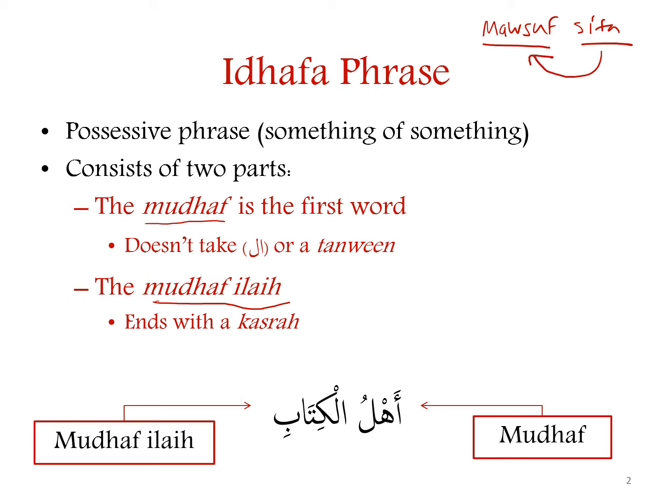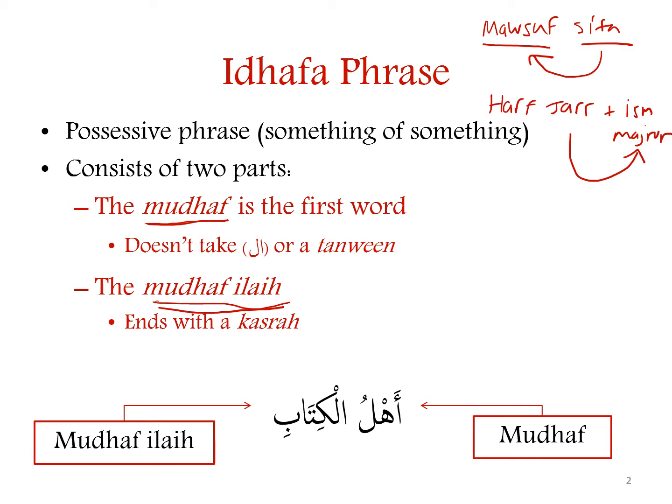We've looked at the prepositional phrase, which consists of a jar wa majroor, so a harf jar, like fi or ala, plus an ism majroor, so a noun that follows the harf jar that's been made to take a kasra. Now with the idhafa, same thing, we have a mudaf and a mudaf ilayh, and they don't get separated, they stay together like other phrases as well, and they have a certain function on each other.